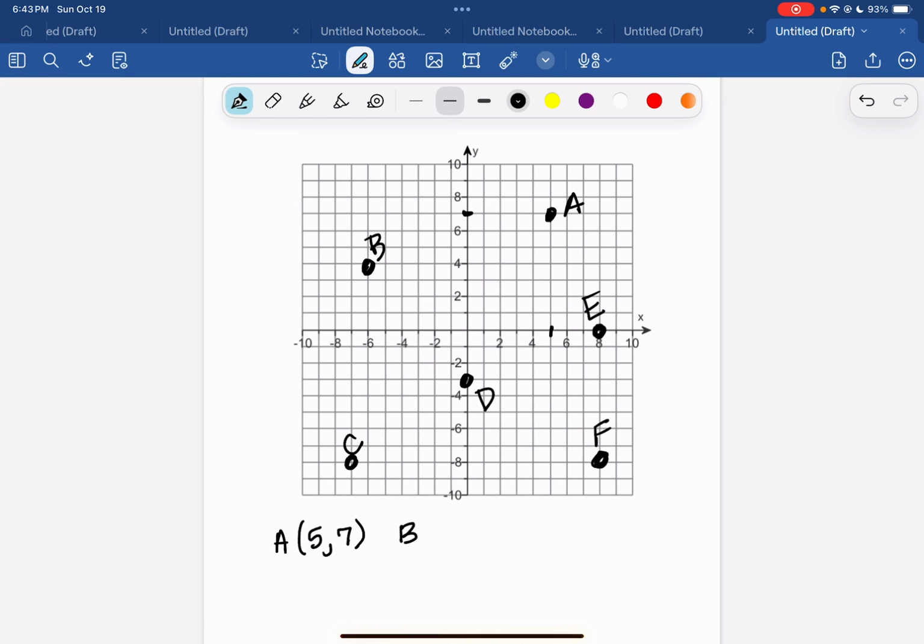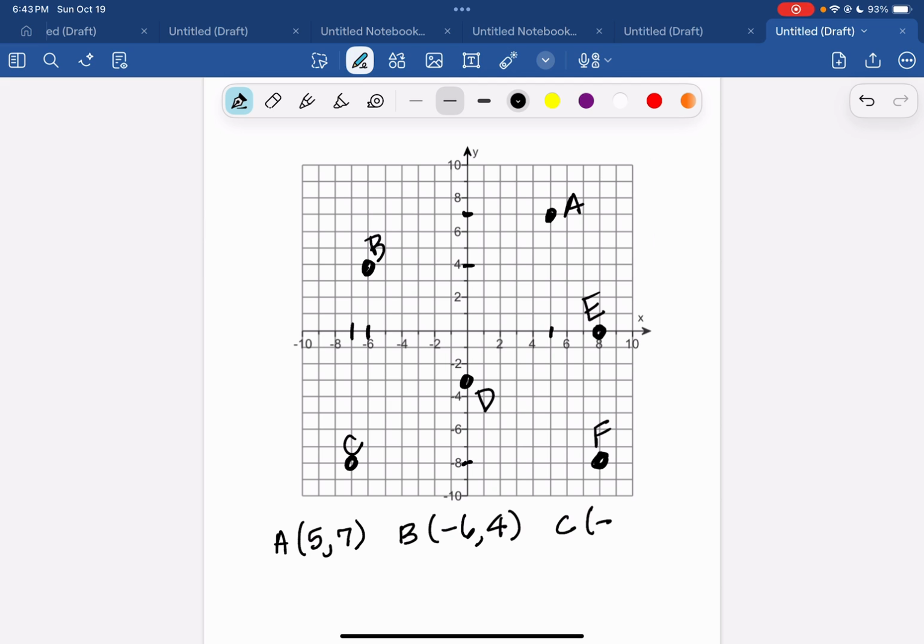B, well, let's see, that's to the left, -6, and up 4. So B is -6, 4. C is down here in the third quadrant. It's at -7, -8. Look at D. It's on an axis.